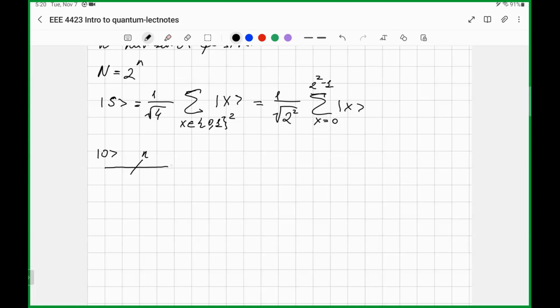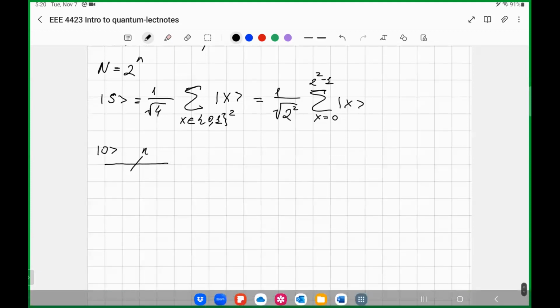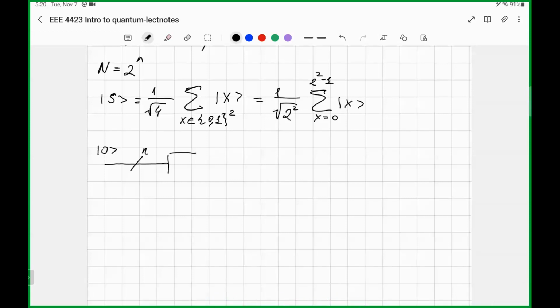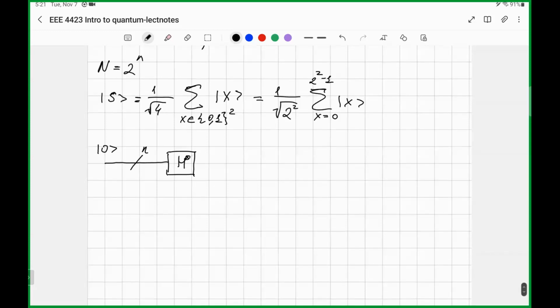And then if I need to apply the Hadamard gate to each of these qubits in the group of n, I denote it like this. I put this Hadamard sign and then tensor n.